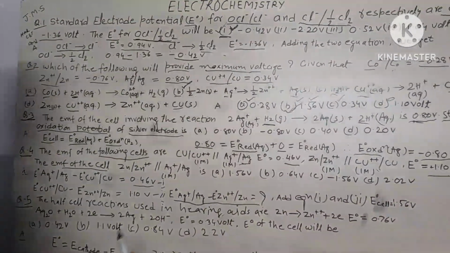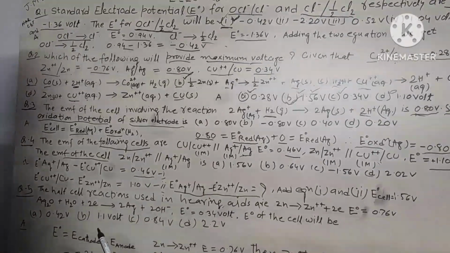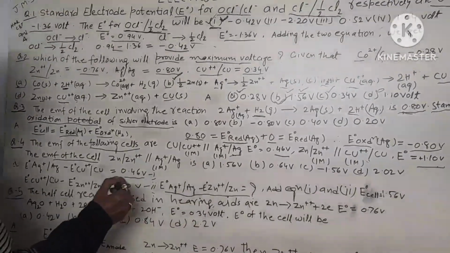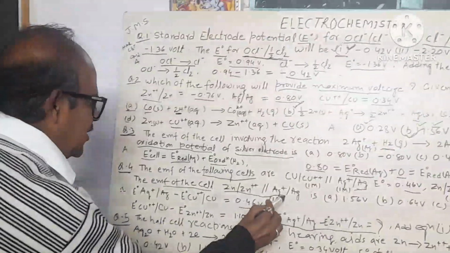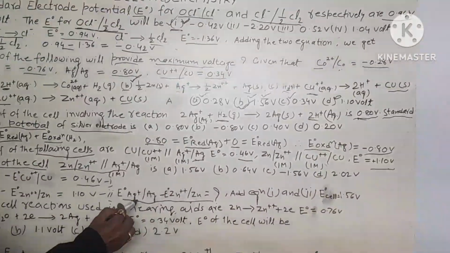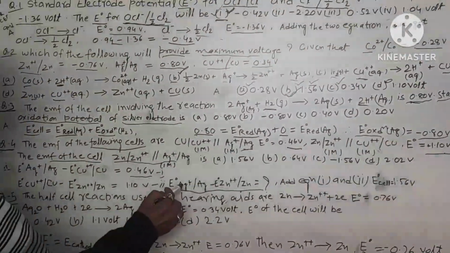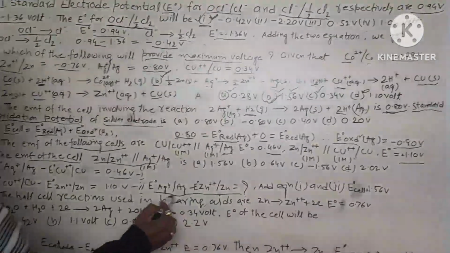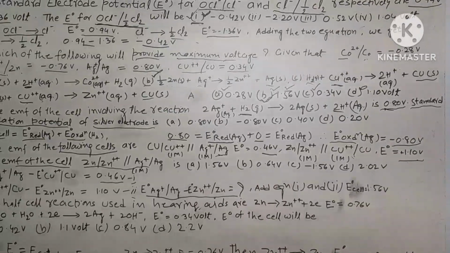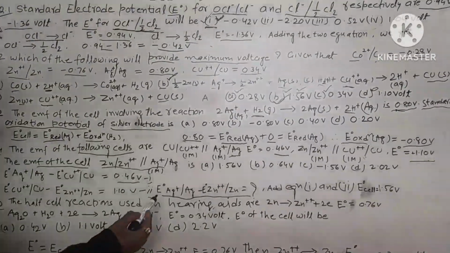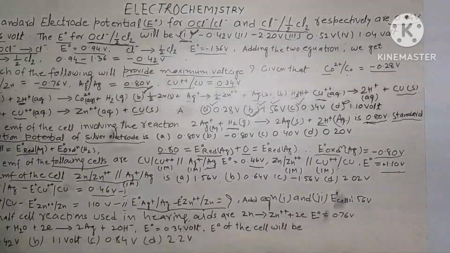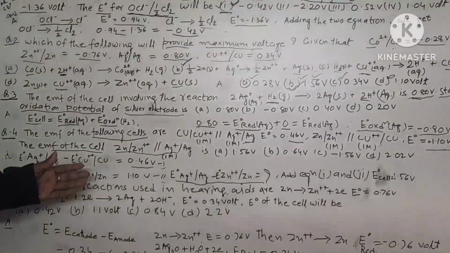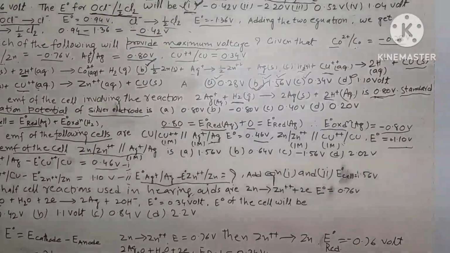According to the question, you want the EMF of this given cell. You can write it this way also: silver is the cathode, silver cathode minus zinc electrode. What will be the value, the E cell for this cell? You have to calculate. Now just look at both equation 1 and equation 2.